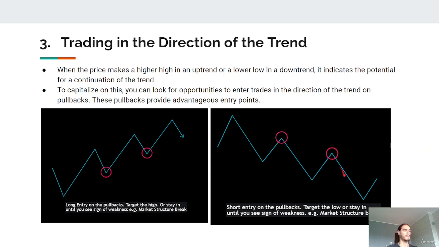For example, we make lower highs, lower lows, lower highs, lower lows, and the market structure will change if we were to break the previous high. So that will be an indication of sign of weakness, and we want to get out of the trade.